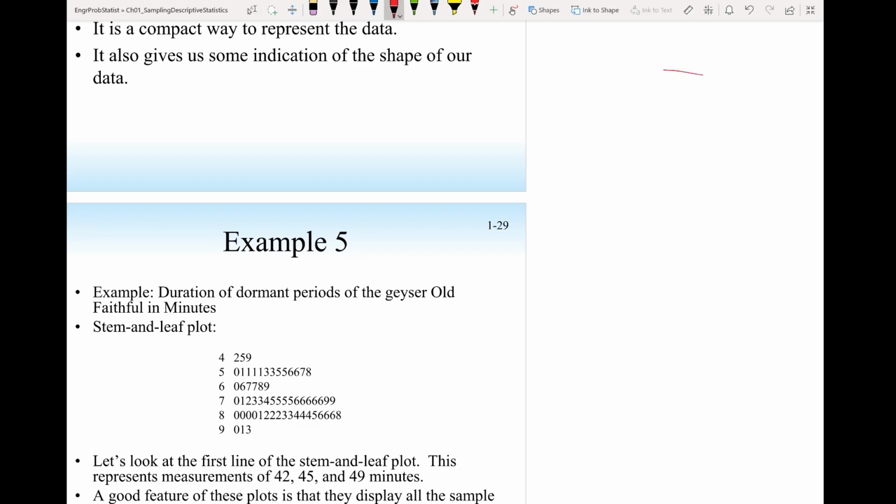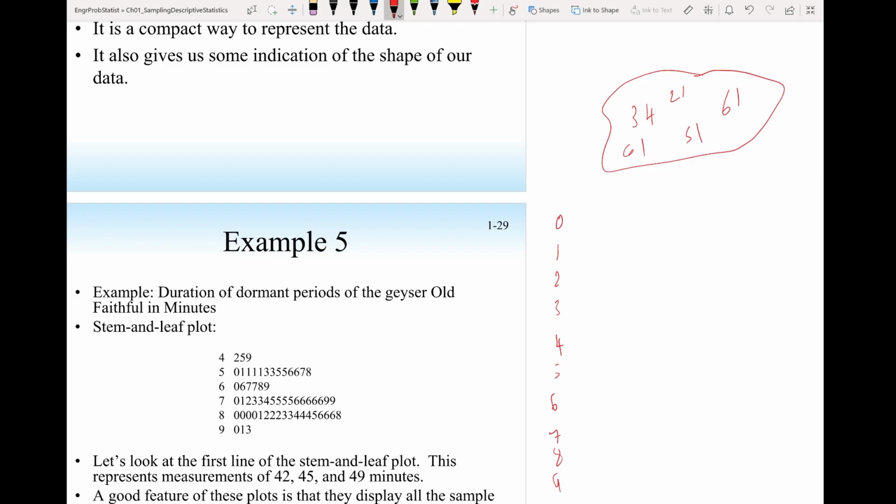For example, if you have a sample of 34, 21, 51, 61, 61, and so forth. Since these are two-digit numbers, the stem will be 0, 1, 2, 3, 4, 5, 6, until 7, 8, 9.